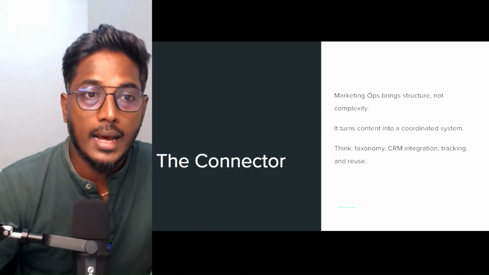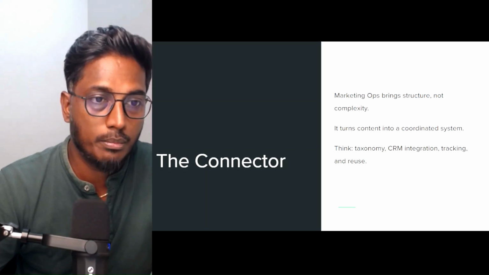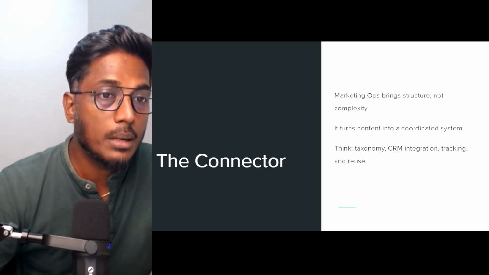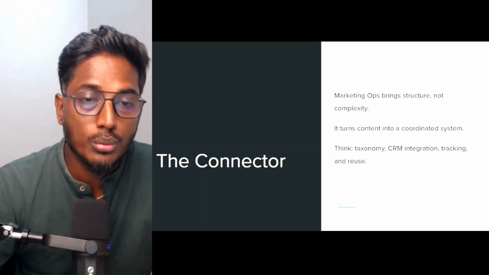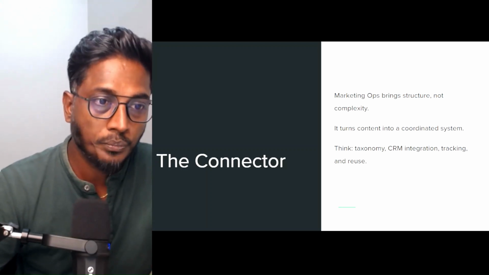This level of clarity is not there when we are not talking about marketing operations. And CRM systems can track who consumes what content. You can start attributing real business value to the content.